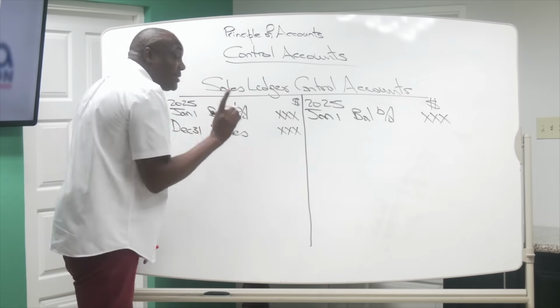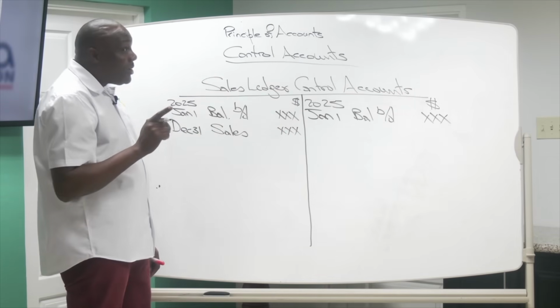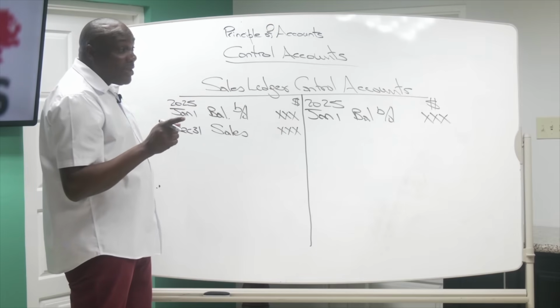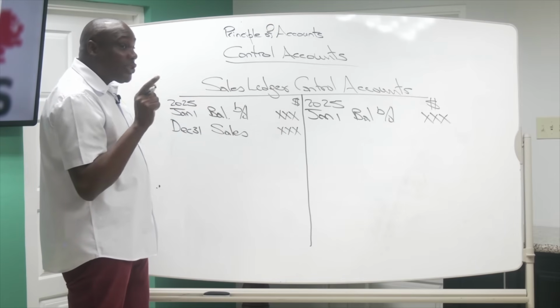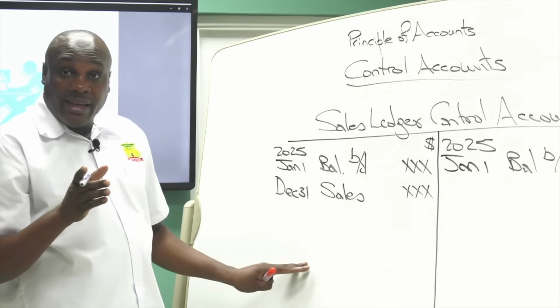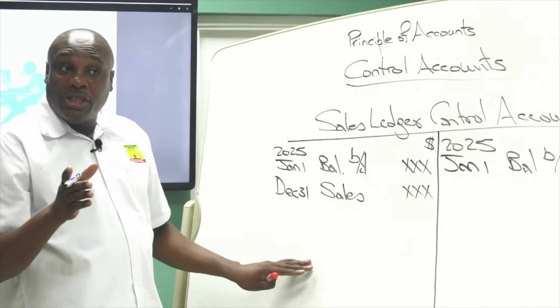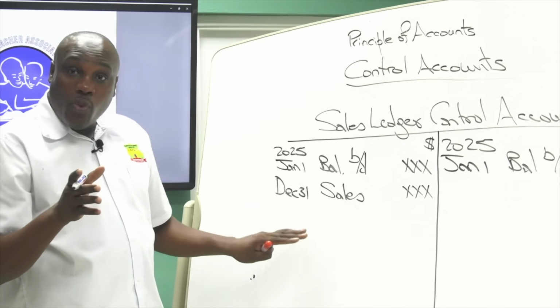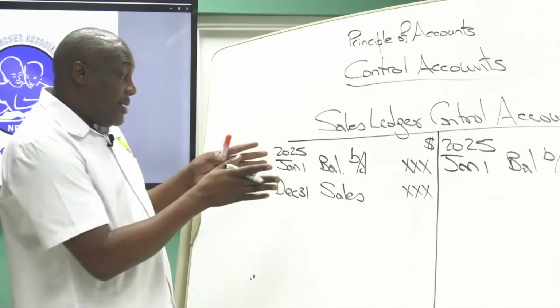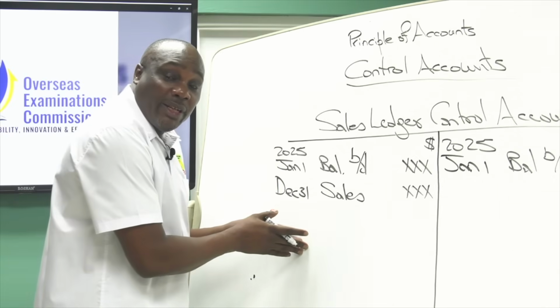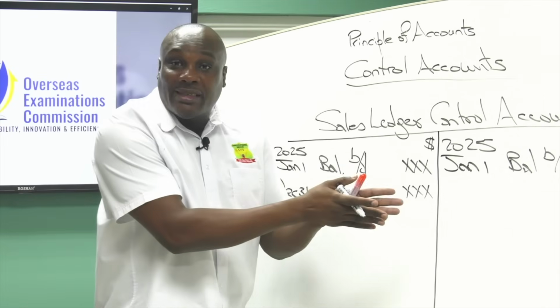Now I'm going to take my time, student, to explain to you every move I make. The aim is not for you to cram it at the end of the day. It's for you to understand and appreciate the reason why I record here on the debit side as against on the credit side.